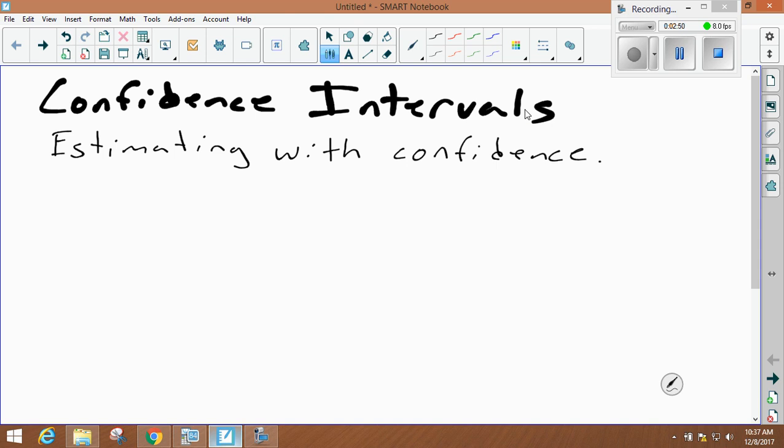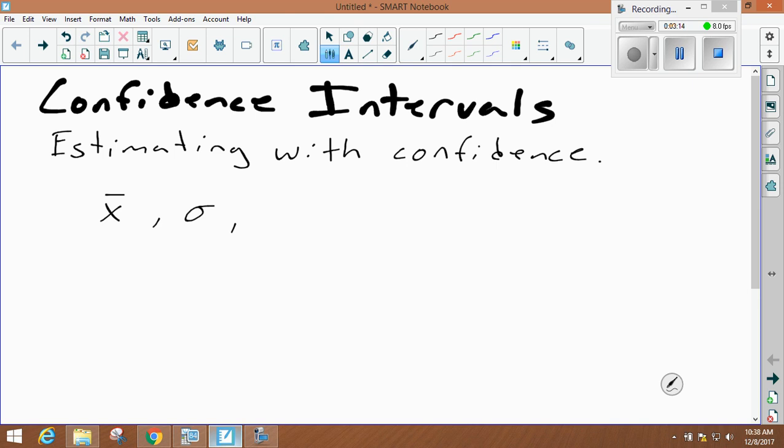So in order to create a confidence interval, I need, of course, a mean, which we're going to call x bar. I'm going to need my standard deviation, which now we're going to use sigma, right? So this is the standard deviation of the population.